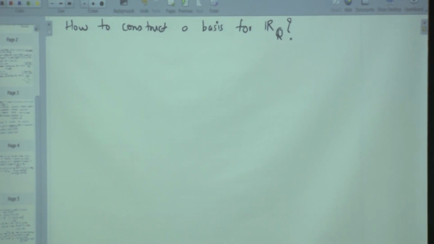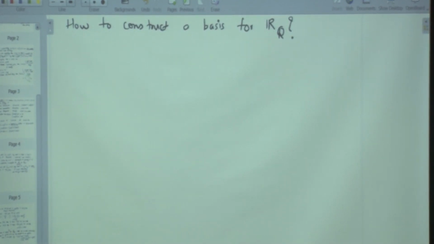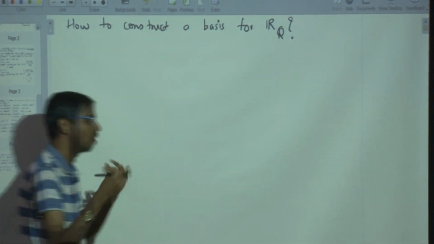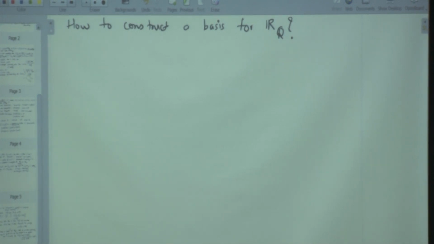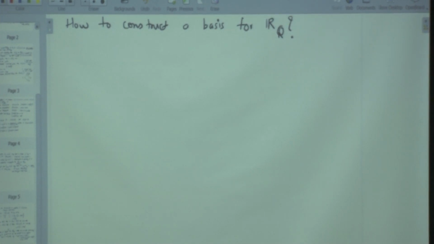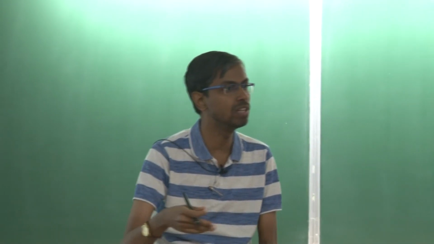Okay, now can we do it manually? Yeah, I mean I say one is the element which generates rational numbers, then I add pi, then I add root 2, then I add root 3, then I add root 5, then I list all the algebraic numbers like that, and whatever are not linearly dependent on the already chosen ones, then I can add that.